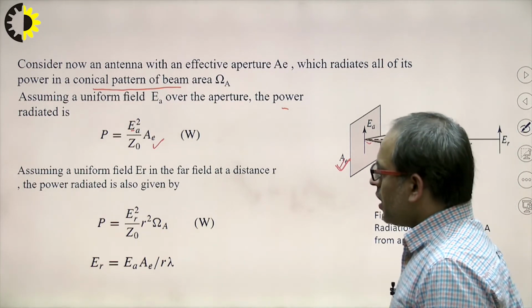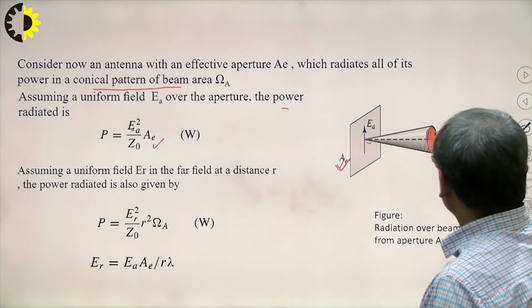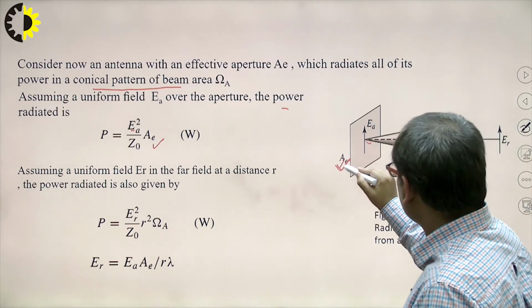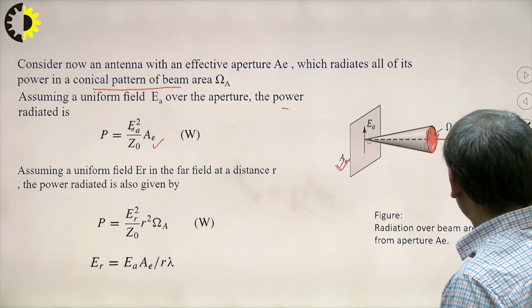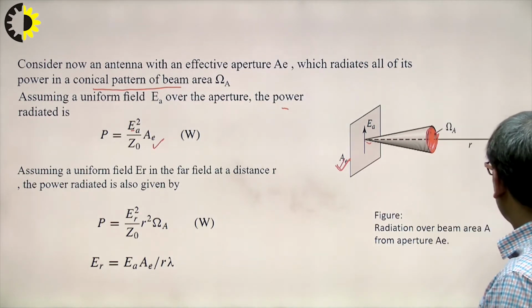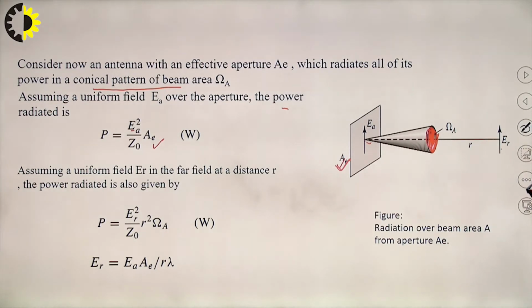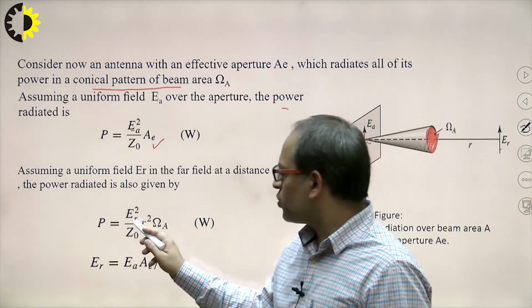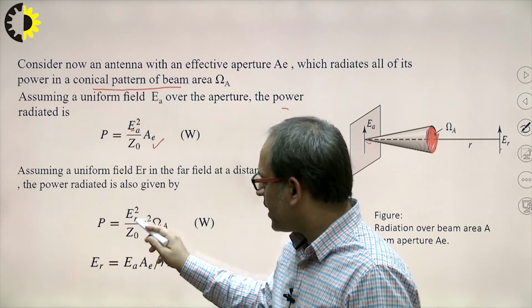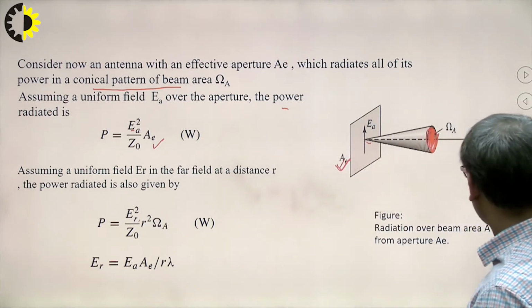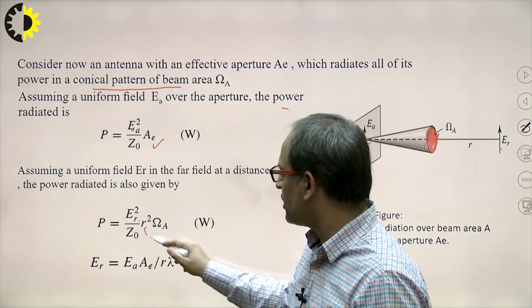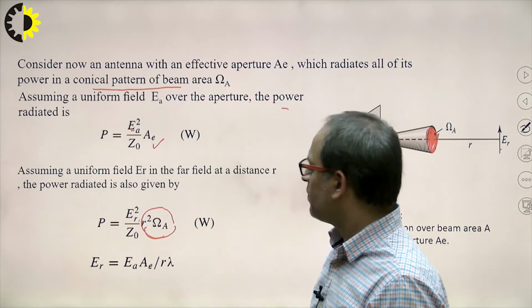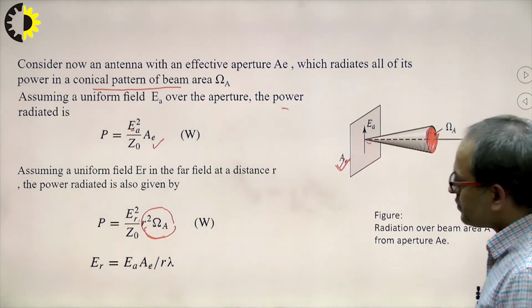Now at this point, let's say this power is radiated from here, but if I calculate at this point, what is the power radiated? P equal to E square at a distance R, divided by Z naught, into R square multiplied by beam area. Clear?